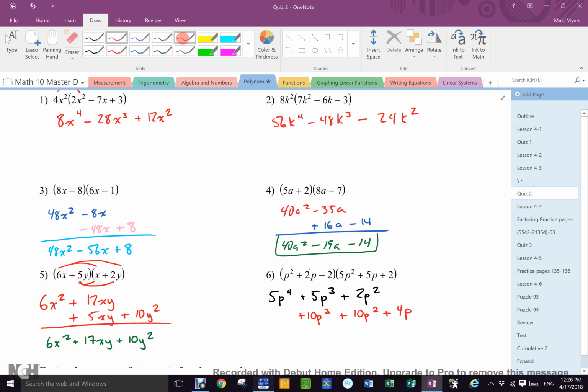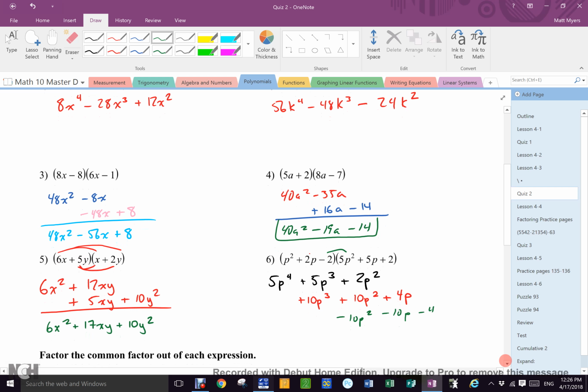And then the third one. Negative 2 times 5p squared is negative 10p squared. Negative 2 times 5p is negative 10p. And negative 2 times 2 is negative 4.